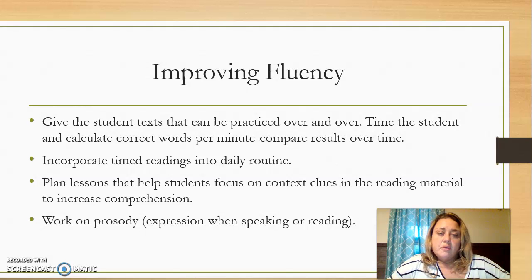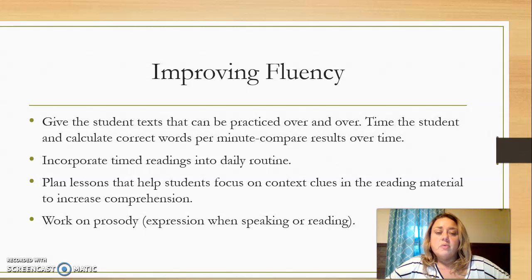In order to improve fluency in young learners, you can do multiple things. You can give the students tests that can be practiced over and over. Work on timing the student, calculating the correct words per minute ratios, and compare the results over time to see if they're improving.